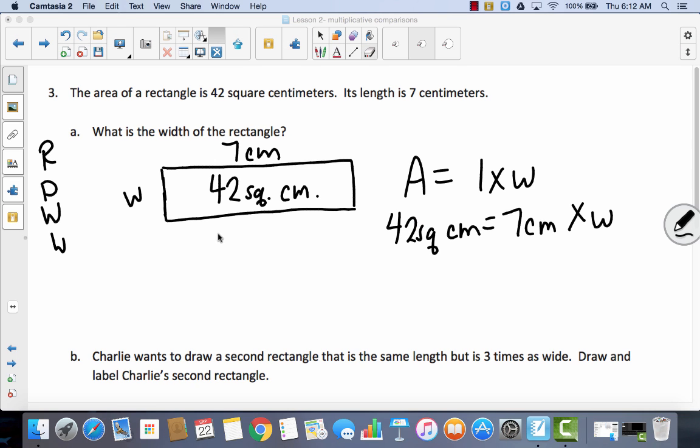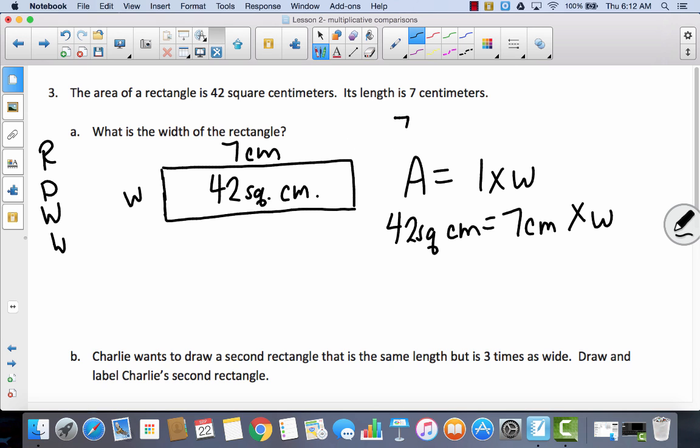Okay, you could always count by sevens, and you could say 7, 14, 21, 28, 35, 42. And then you could go back and count how many sevens that is. 1, 2, 3, 4, 5, 6.